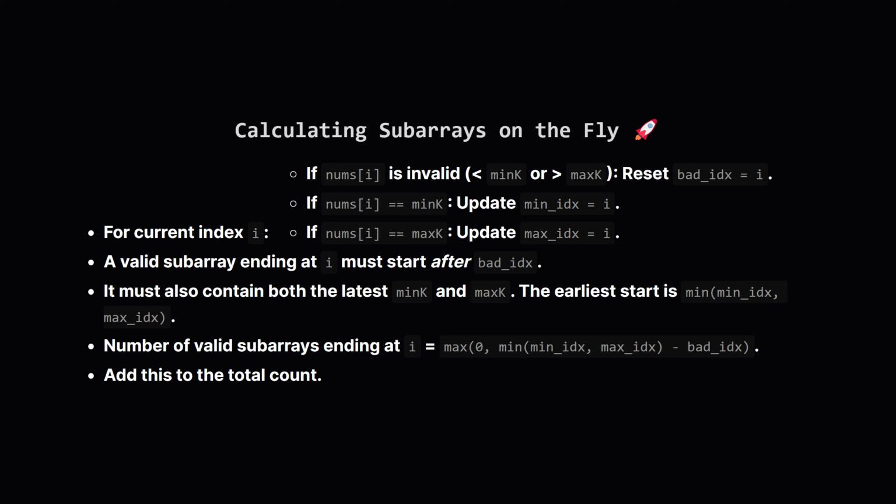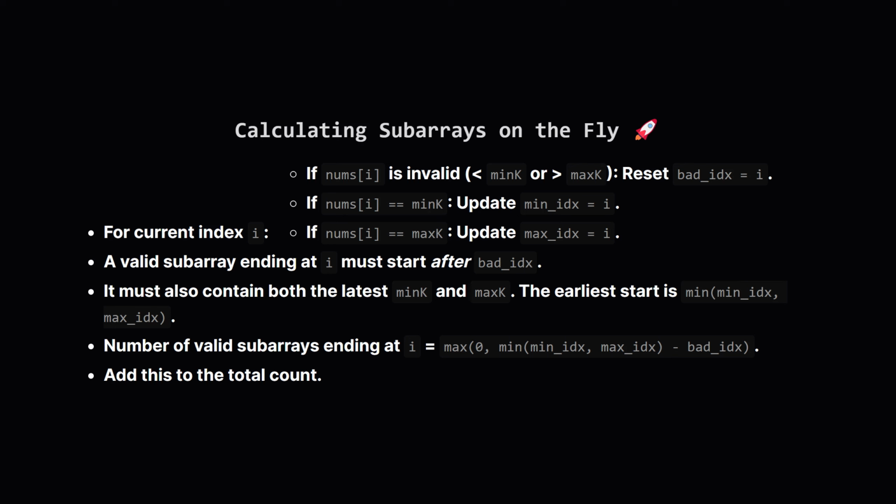Let's call this min(min_idx, max_idx). So the number of possible start positions for valid subarrays ending at i is the difference between the latest possible start, min(min_idx, max_idx), and the earliest invalid start, bad_idx.